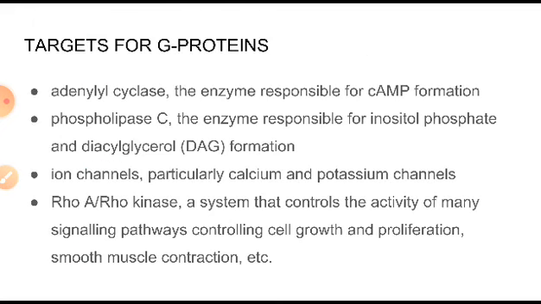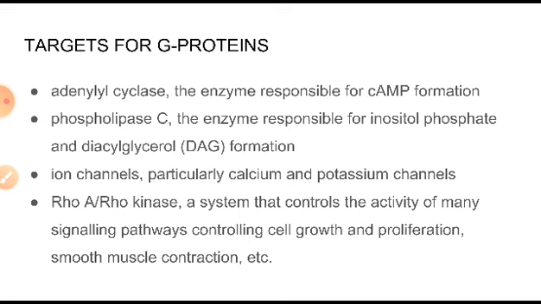Before going into further detail, let's see the targets for G protein. This G protein which is present in this particular receptor has the following targets. It will activate adenylyl cyclase, the enzyme responsible for cAMP formation, or phospholipase C, the enzyme responsible for inositol phosphate or diacylglycerol formation.